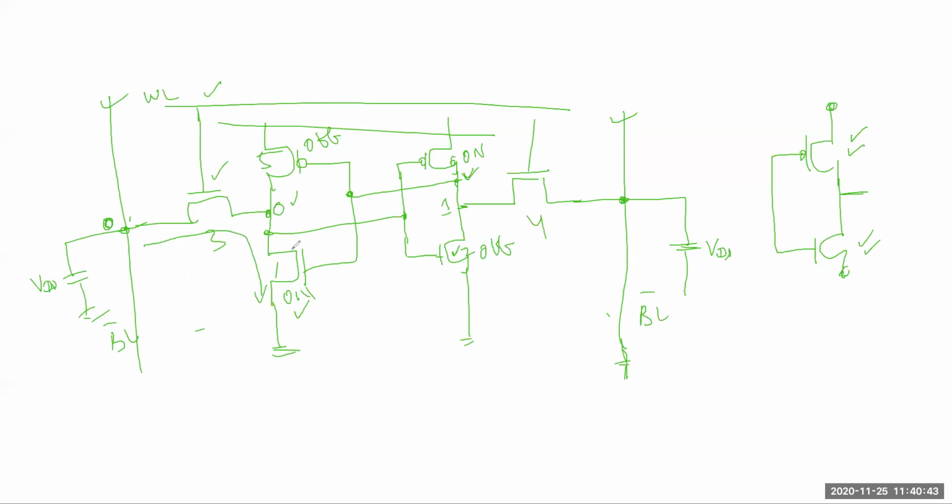So at which condition will this value change? First, Soumya said this will be on and this will be off. That is okay. But at which condition, or at which voltage, will this be off?